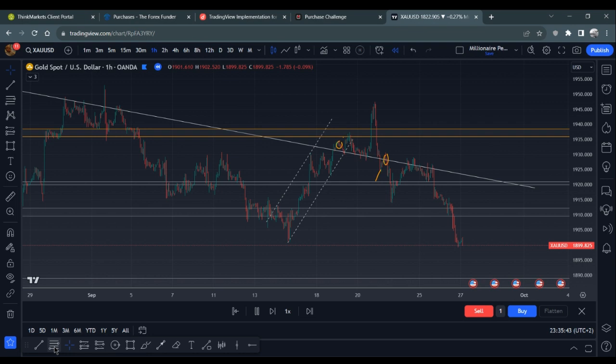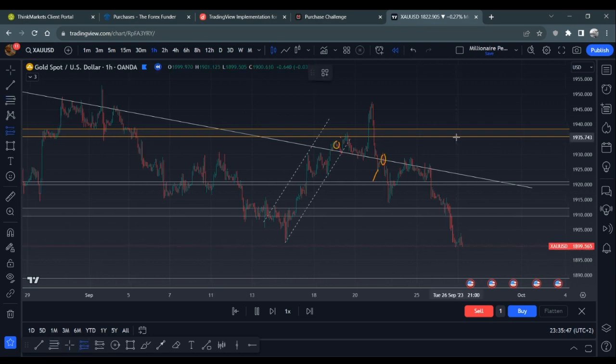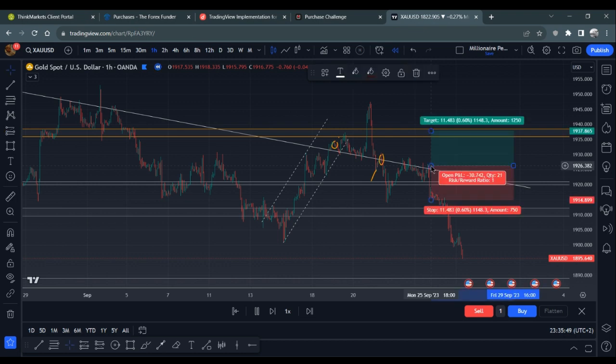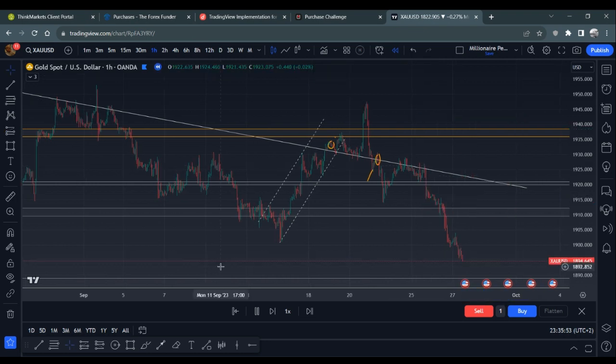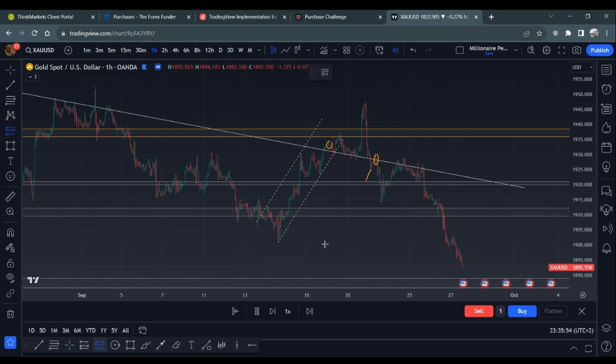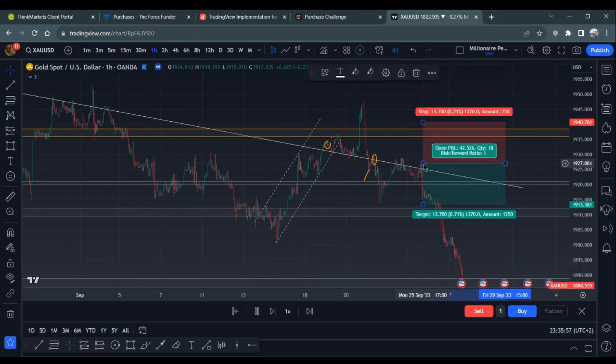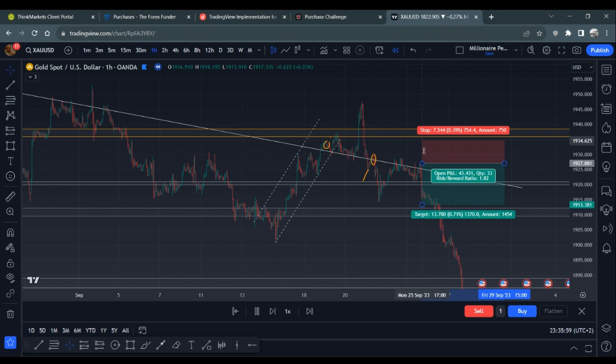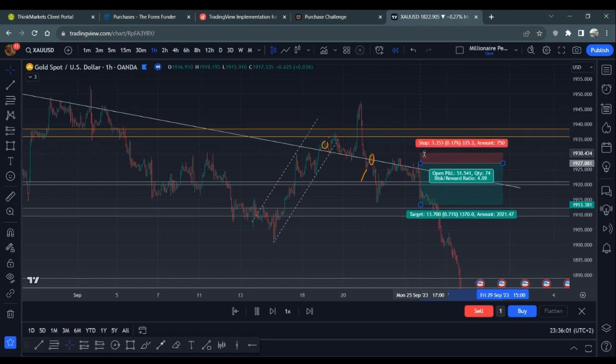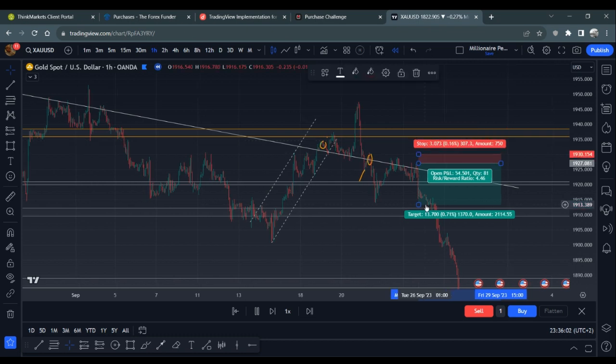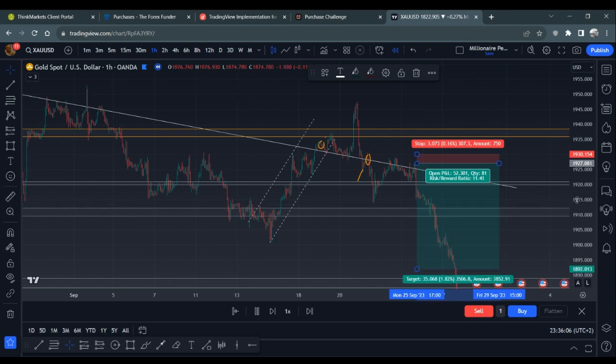So I just want to show you how much the risk to reward was on this trade, because you see all the confluences going on your side from the weekly to the daily. The small time frames are also doing the same. So this was just like the biggest sell ever. Gold, like that type of thing.